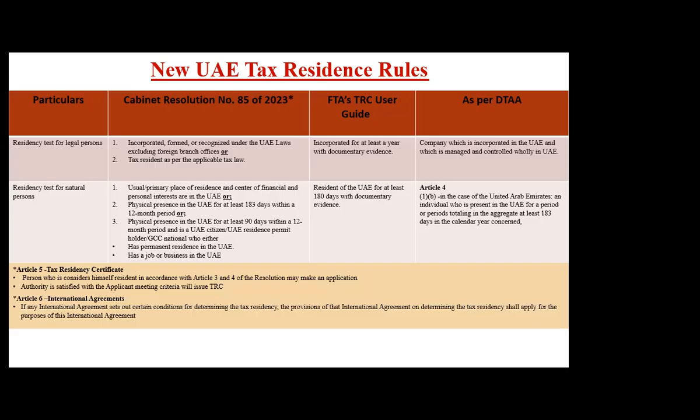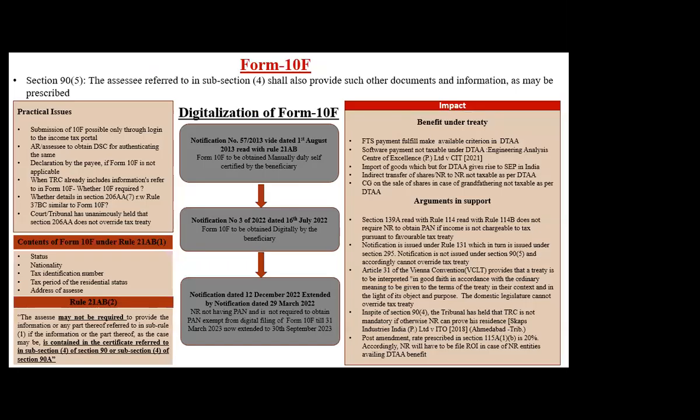Coming to 10F. Form 10F, as we know, is another hot topic, recently called the barrier to treaty benefits. Section 90 subsection 5 was placed at that time.